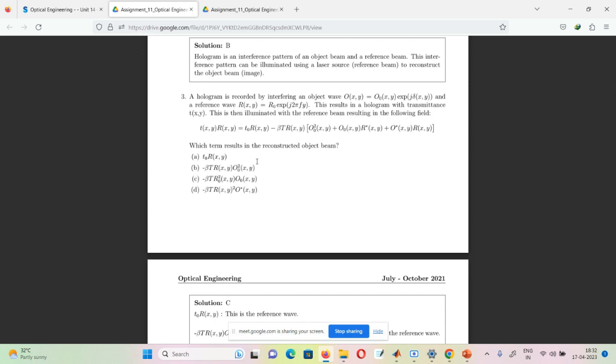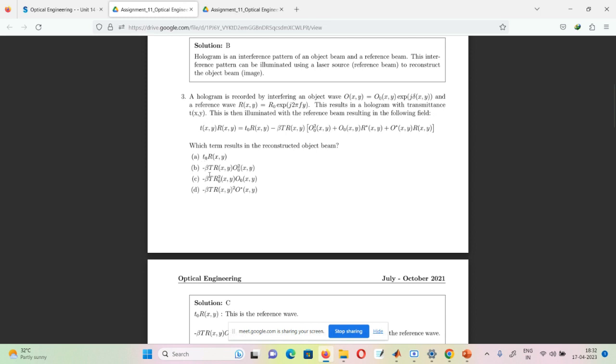R of xy actually represents your reference beam. So you cannot get any information regarding your object. It gives only information regarding your reference beam, which will be like a plane wave or a normal illumination, like a laser source. So T0 into R of xy cannot give any information regarding your object.